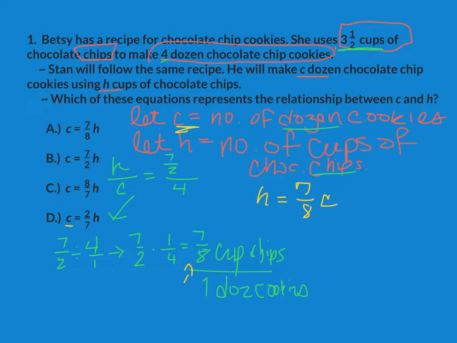Now, I still am not done, because if you look at each of these, C is alone, and in my equation that I wrote, H is alone. So in order to change that, I know I need to get C by itself. So that means that I would divide, technically, both sides by 7/8.